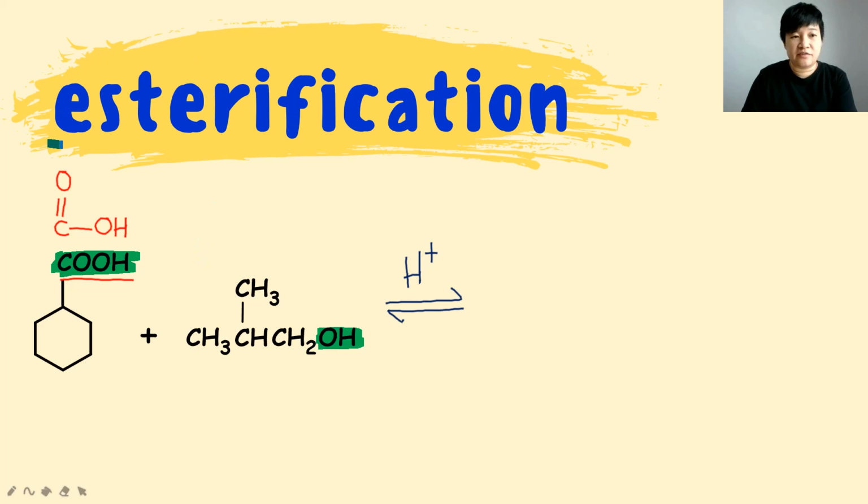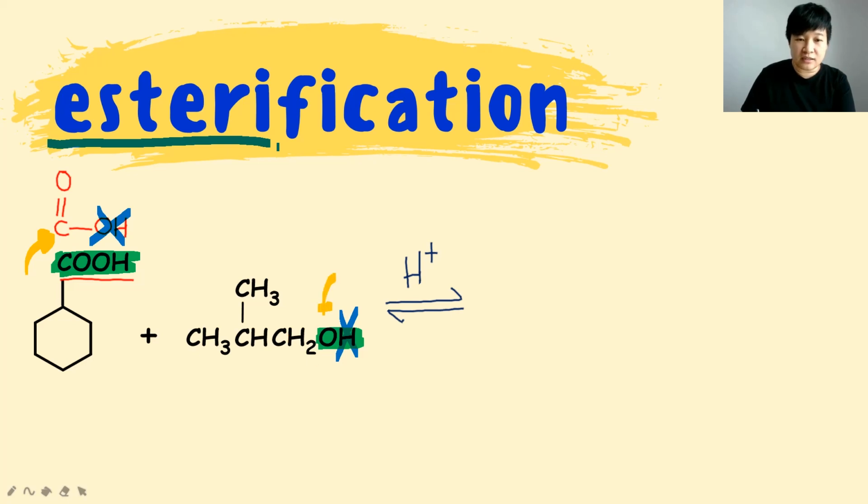So in your esterification, we are going to remove water, and your carboxylic acid is the one that will remove OH, while your alcohol will be the one that removes H. So the new bond will be formed between the carbon that loses the OH and also the oxygen that loses the H in the alcohol.